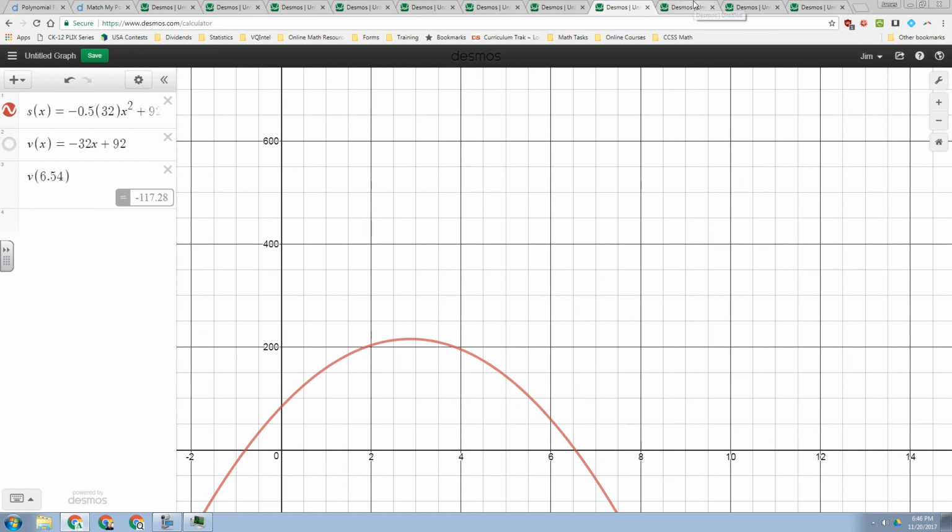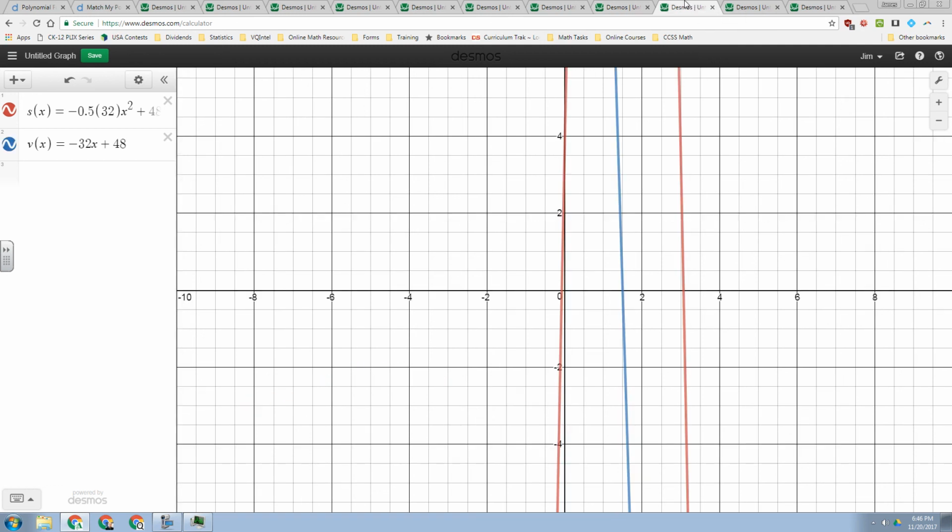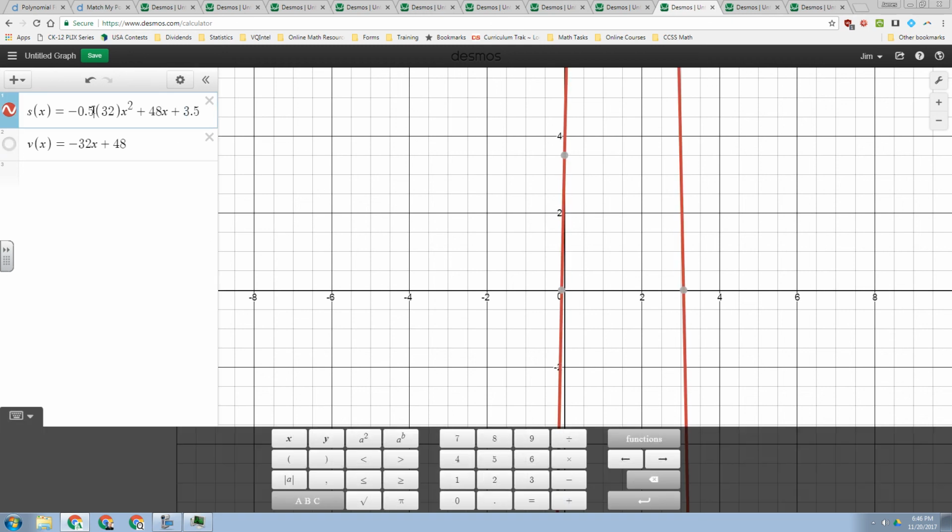So now, on to 62, we're still in feet. So this is our equation for position. We start with an initial velocity of 48 feet per second. That's what it's thrown up at. And it's thrown up from a height of 3.5 feet off the ground. So there's our equation. It asks, what's the maximum height that the ball will reach?